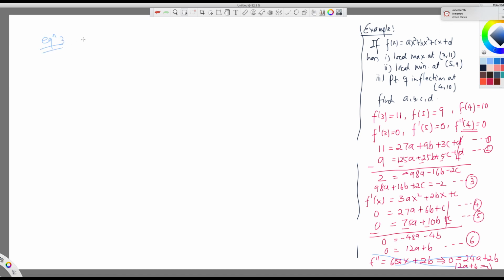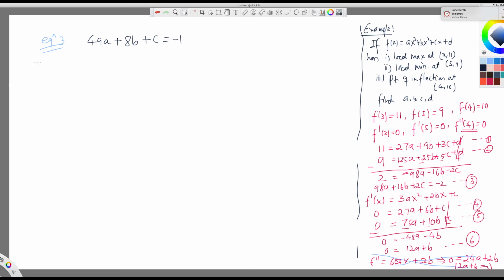If you divide both sides by 2, you will get 49a plus 8b plus c equals negative 1.